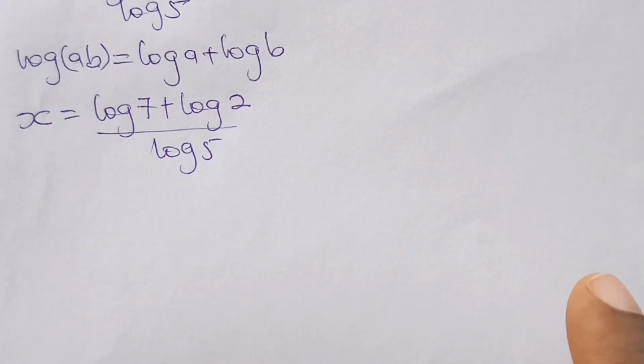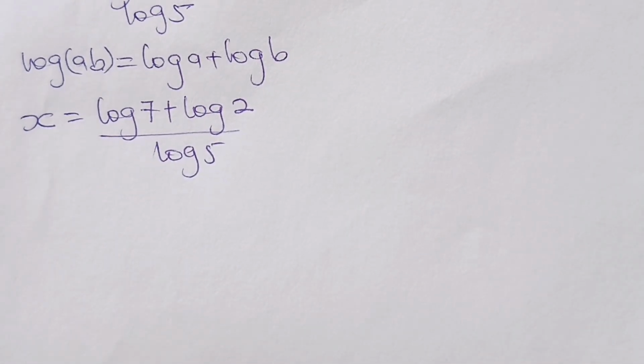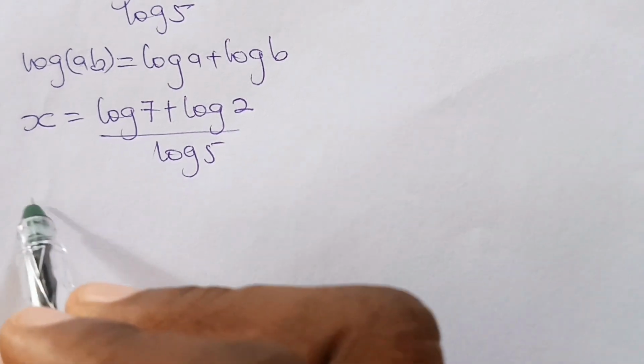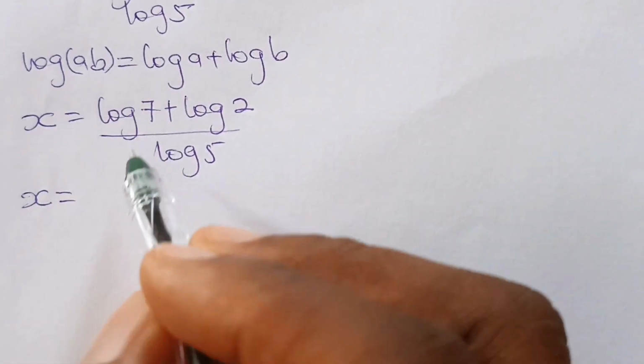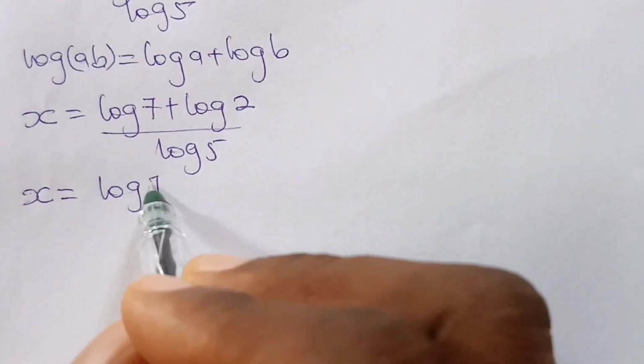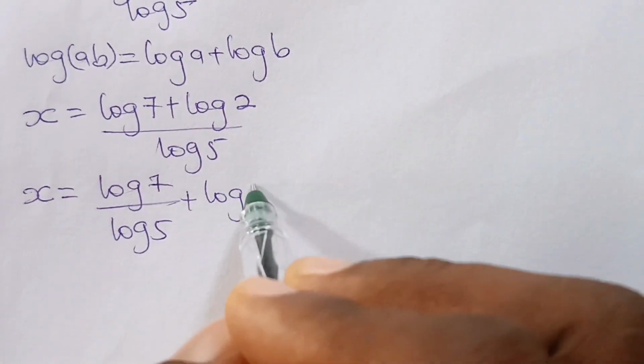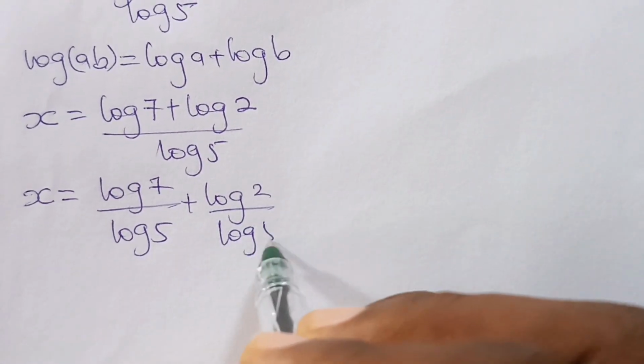Now we are going to distribute the denominator to each of the numerators. So we have x is equal to log 7 divided by log 5 plus log 2 divided by log 5.